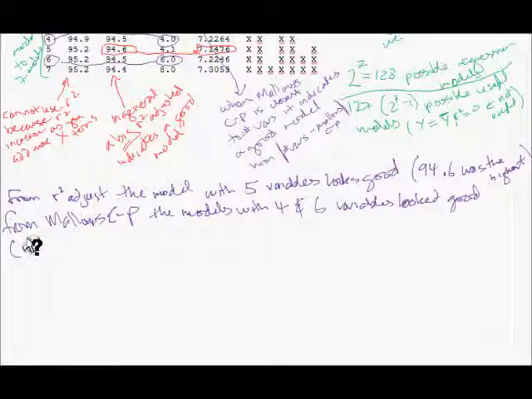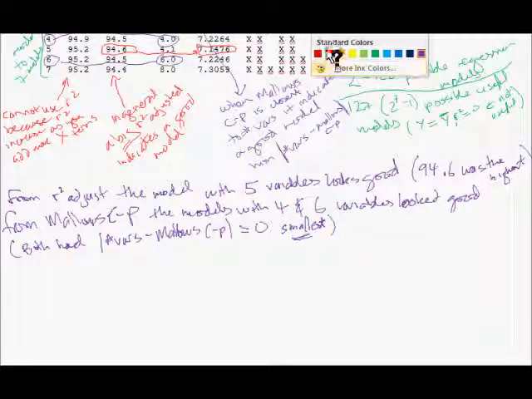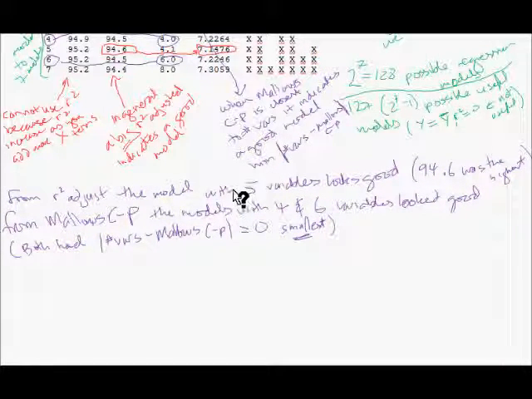Since both had the absolute value of the number of variables minus Mallows Cp equal to 0. They're both the smallest. It says not always 0, but here we had 2, which was 0. So from analyzing this, we have 3 possible models. The one with 5 variables, the one with 4 variables, and the one with 6 variables.